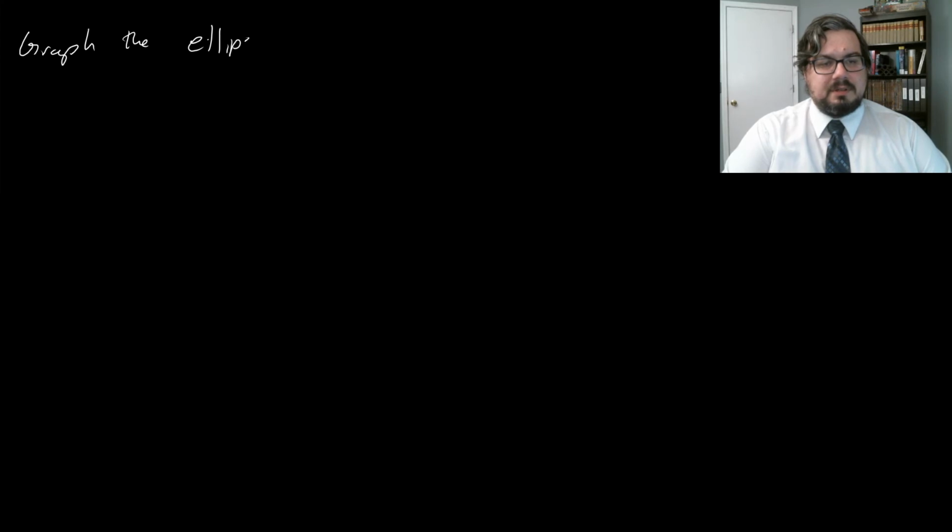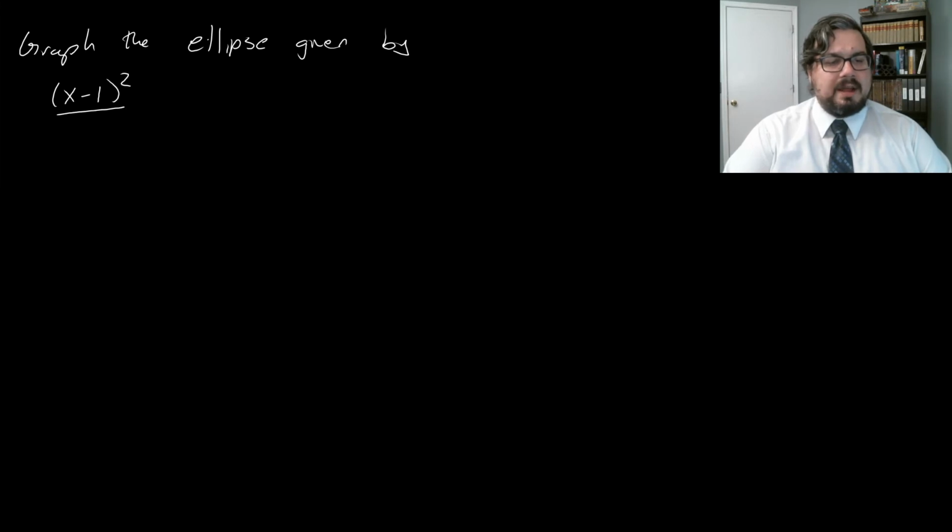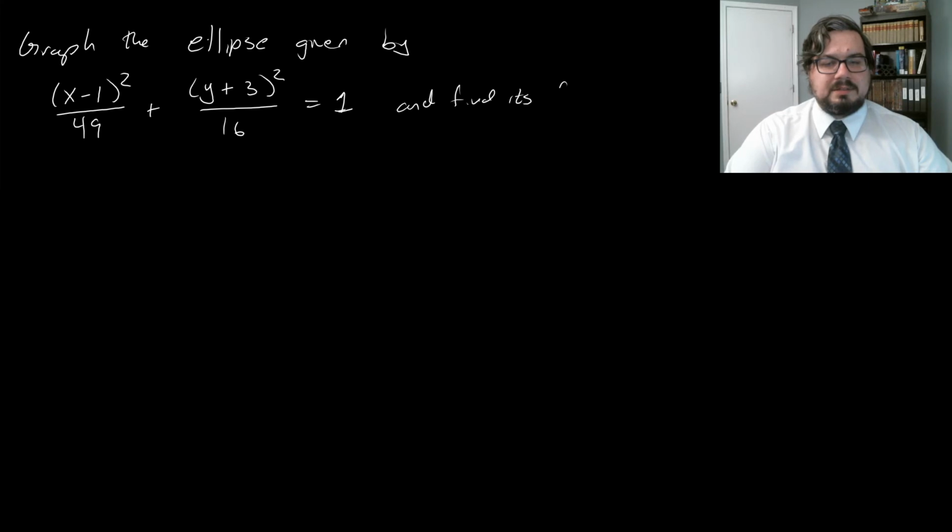So let's graph the ellipse given by x minus 1 squared over 49 plus y plus 3 squared over 16 equals 1, and find its foci.